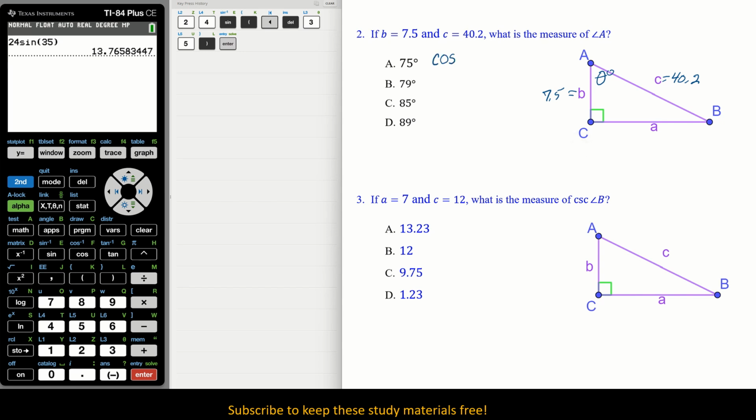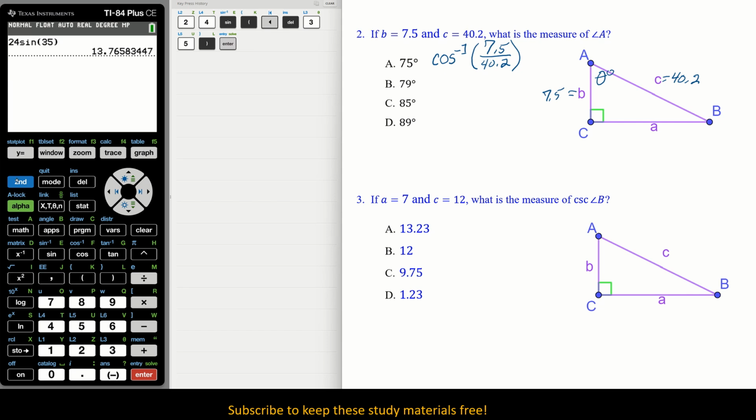Cosine inverse adjacent over hypotenuse. Put that in the calculator, and we should see the measure that we need. However, please note that these are all whole integer values, so we may have to round some.